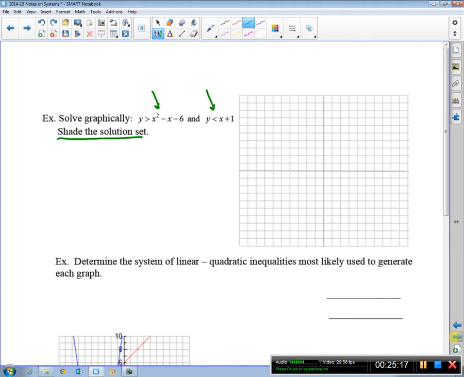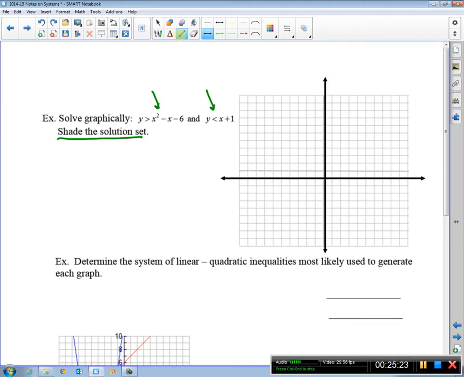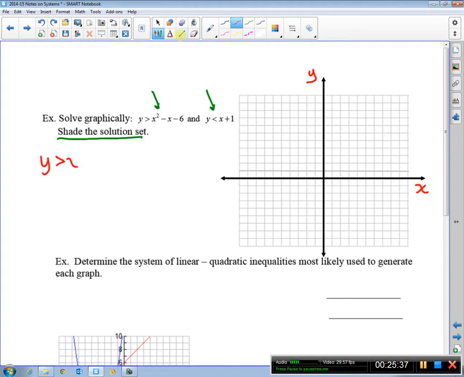So let's go ahead. I think these are all set up. Let's put our parabola and our line on a set of axes. Label those axes. And we have y is greater than x squared minus x minus 6.